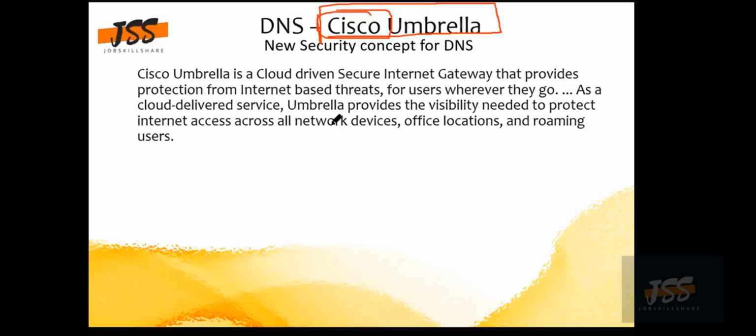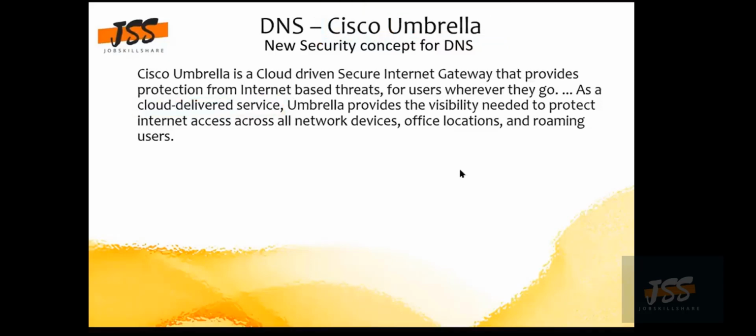As a cloud-delivered service, Umbrella provides the visibility needed to protect internet access across all network devices, office locations, and roaming users. Most people are not going to the office now. They are working from home, and most of them are using cloud services.